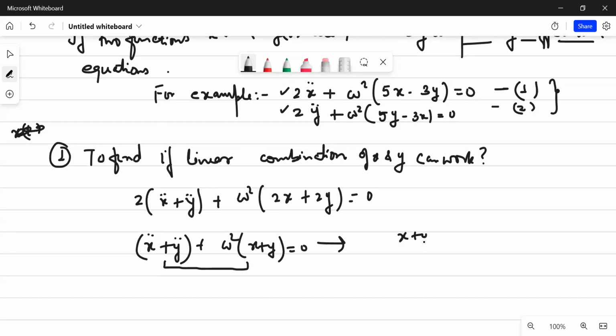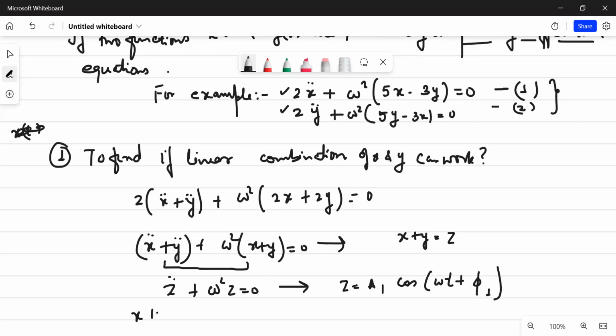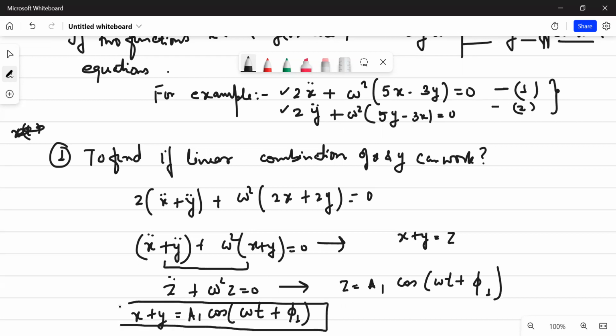So if you place x plus y equal to z, you're getting a differential equation which is z double dot plus omega square z equal to 0. And you can write the solution as z equals a1 cos(omega t plus phi1). Instead, you can write x plus y equals a1 cos(omega t plus phi1). I hope it is clear.